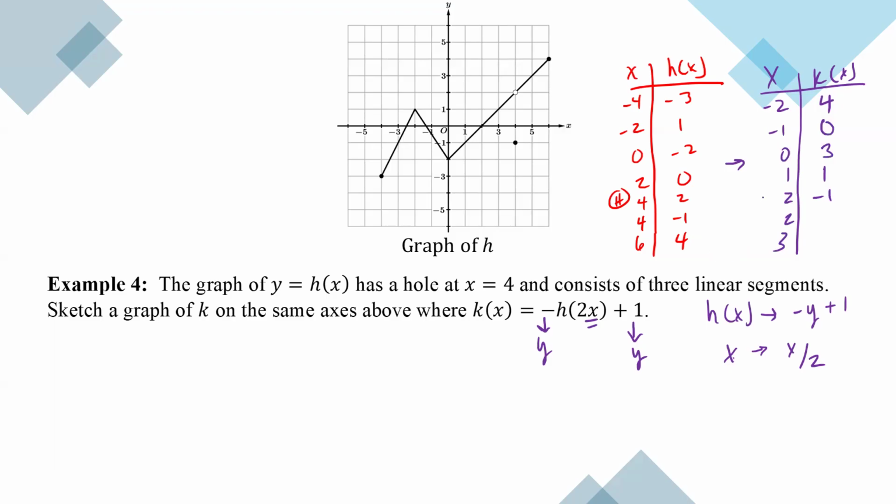And this is just a point. -1 becomes a 1, and 1 plus 1 is 2. And then 4 becomes -4, and -4 plus 1 is -3. So these are my new points.